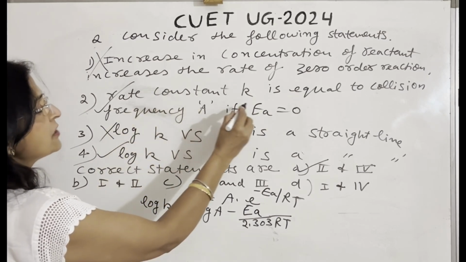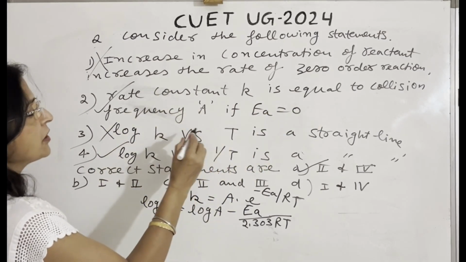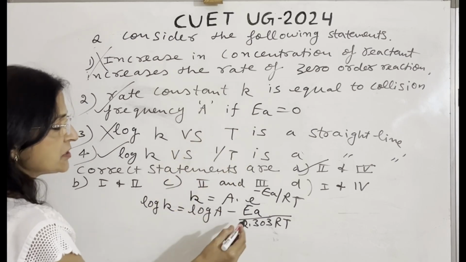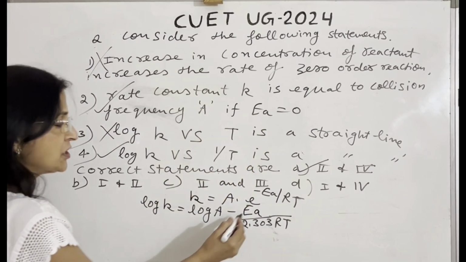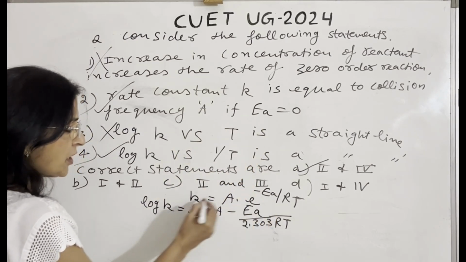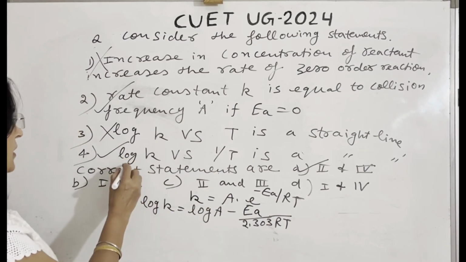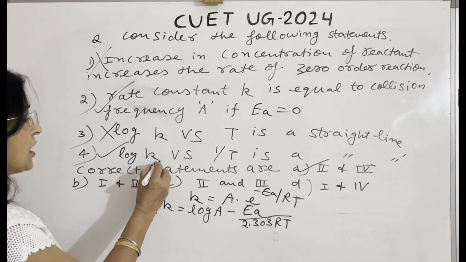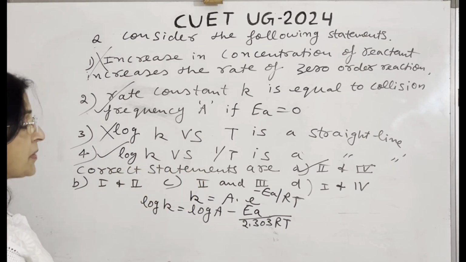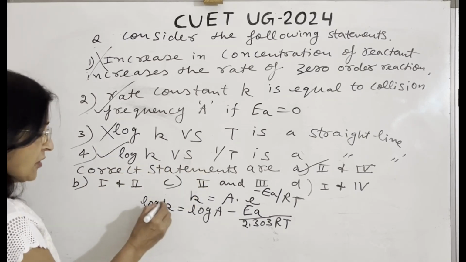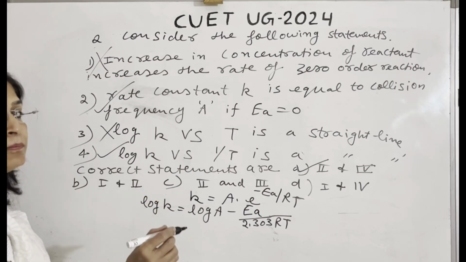Second statement, rate constant K is equal to collision frequency A if activation energy is equal to 0. So if activation energy becomes 0, the rate constant becomes equal to collision frequency. Fourth, what is it? If we draw the graph log of K versus 1 by T, we will change this equation into y is equal to mx plus c.